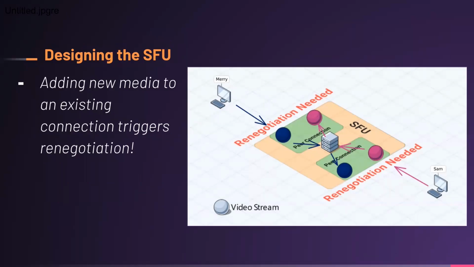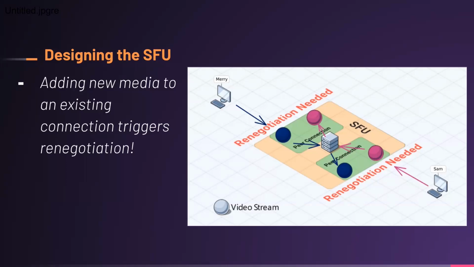The arrows from Sam and Mary represent a WebRTC connection being established with the SFU, and then the individual balls represent their media stream data. So the problem that we had was, if I take, let's say, Sam's pink media stream data through the SFU and add it to the existing connection for Mary, that's a problem.